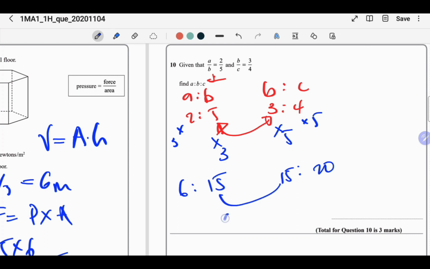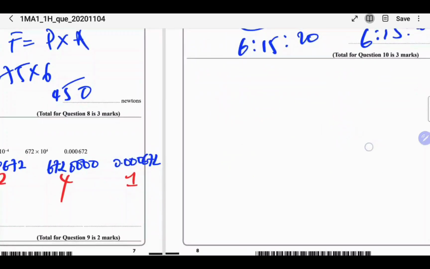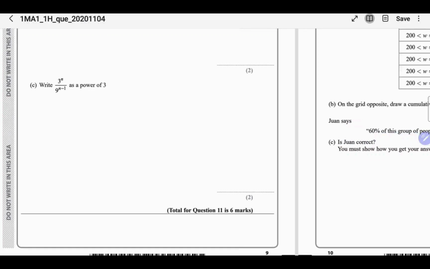Okay, now that they are the same, we're just going to bring them together as 1. And that gives us our answer. 6 is to 15 is to 20. And funny enough, oh no, we cannot simplify this. I wanted to say we can simplify. Moving on, next question.